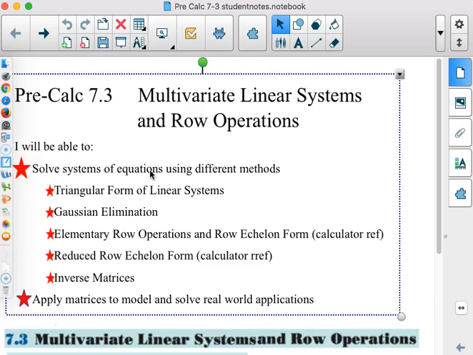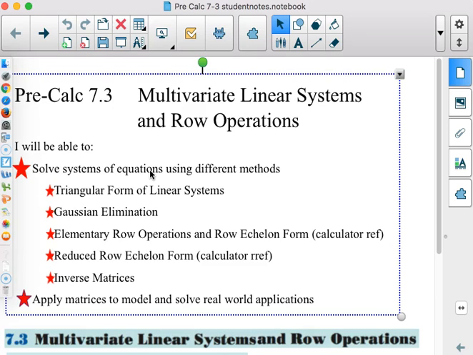So we're going to be able to solve systems of equations using all kinds of different methods when we get done today. We're going to talk about the triangular form of linear systems, Gaussian elimination, which is something that you usually study in college when you're dealing with matrices, elementary row operations, and what's called row echelon form. On the calculator, we're going to find that listed as REF for row echelon form.